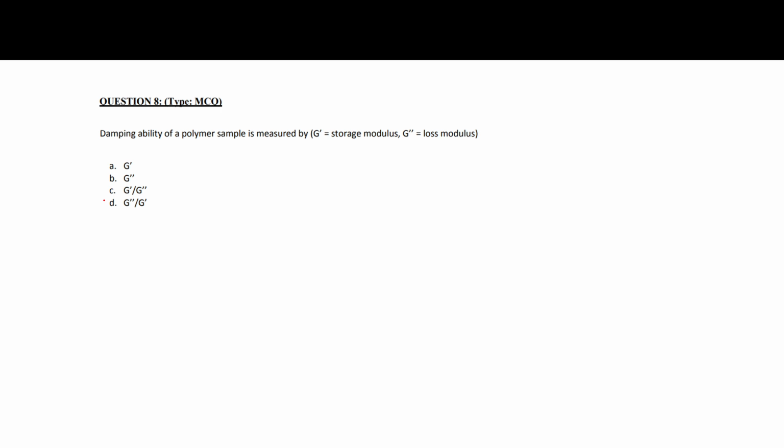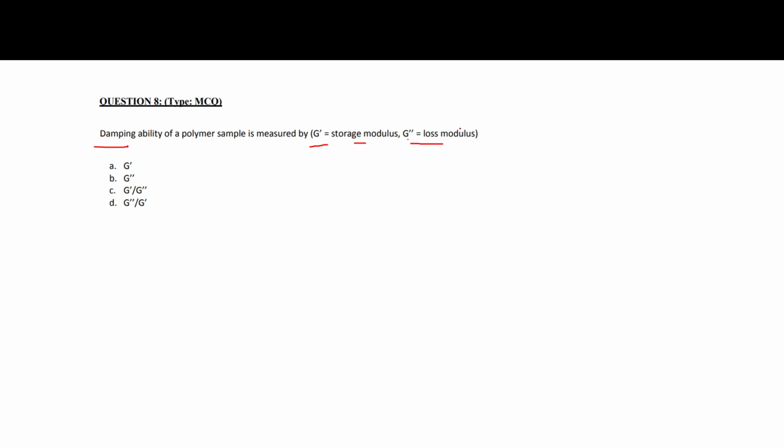Now, when we are talking about polymer viscosity, there is an equation which can give the viscosity behavior. The damping ability of the polymer sample is measured using the storage modulus, G prime, and G double prime is the viscous modulus. The ratio between the viscous modulus and the storage modulus is the damping ability of that polymer.